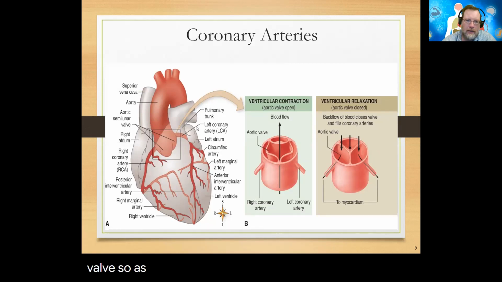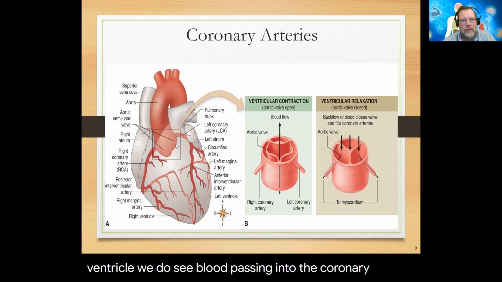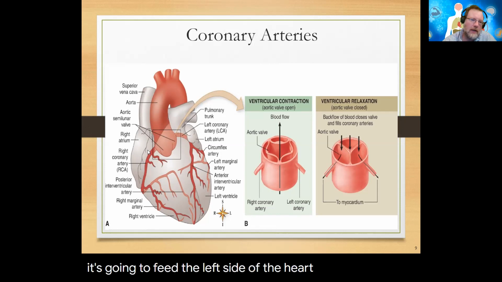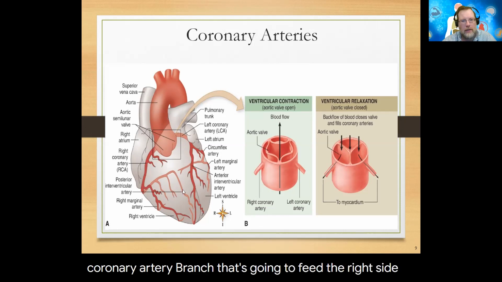As oxygenated blood is coming into the left atrium and subsequently filling up the left ventricle, we do see blood passing into the coronary arteries. As we eject blood from the left ventricle, we're going to be feeding the heart via those two pathways. We see a left coronary artery branch that feeds the left side of the heart, and a right coronary artery branch that feeds the right side of the heart.